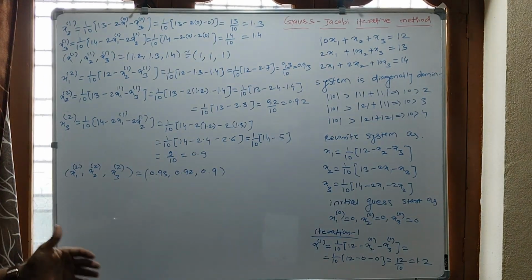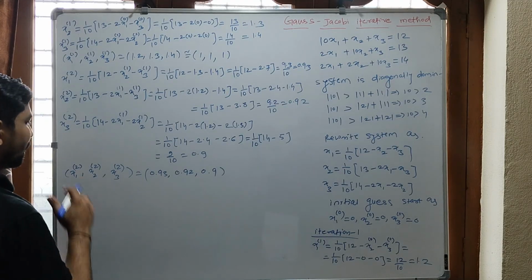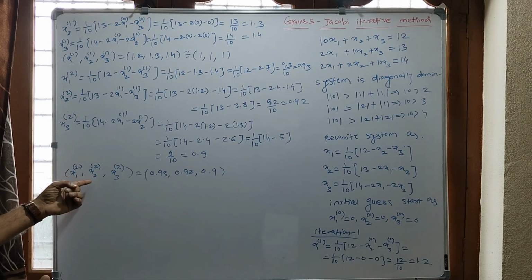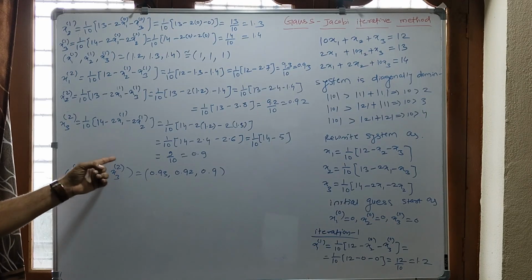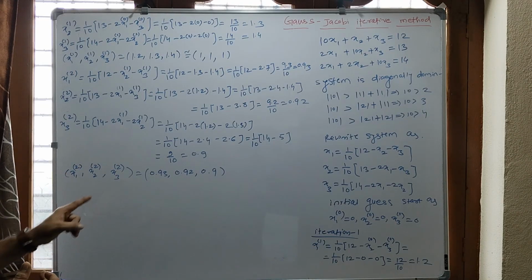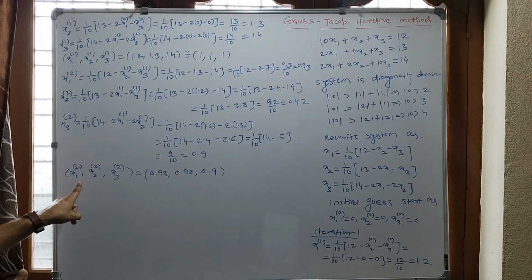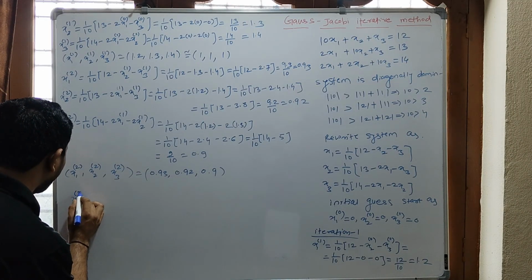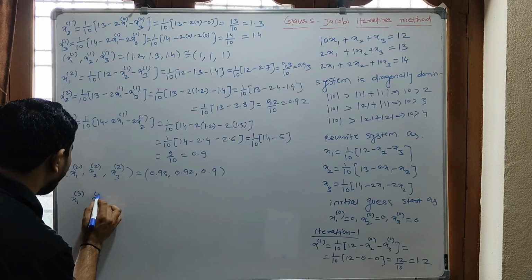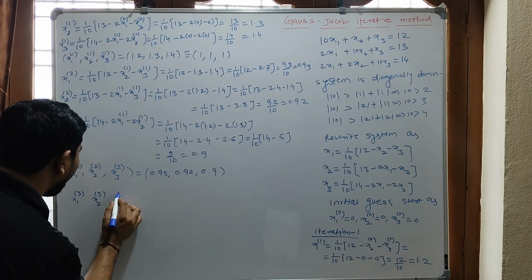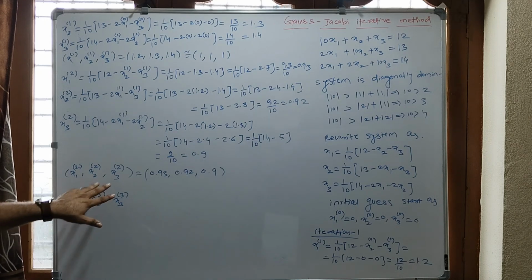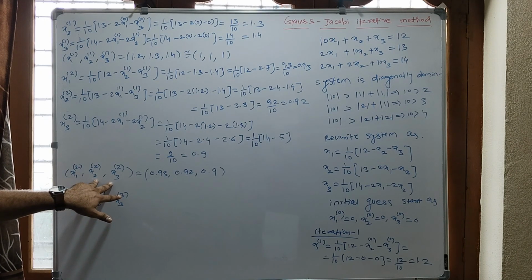Now I want to find the third iteration, that is x1 at 3, x2 at 3 and x3 at 3. While finding x1 at 3, I will use x2 at 2 and x3 at 2. While finding x2 at 3, I will use x1 at 2 and x3 at 2.